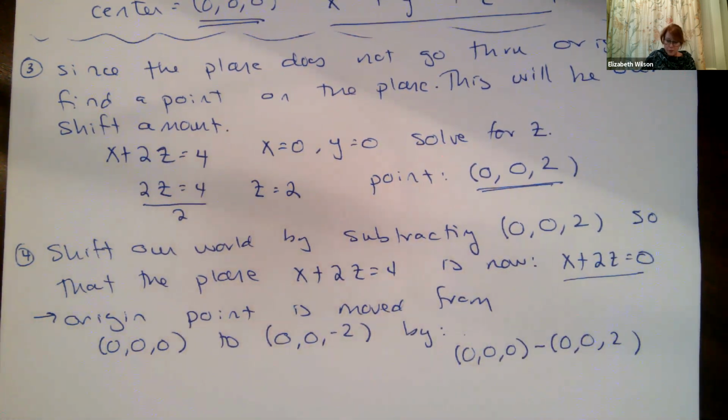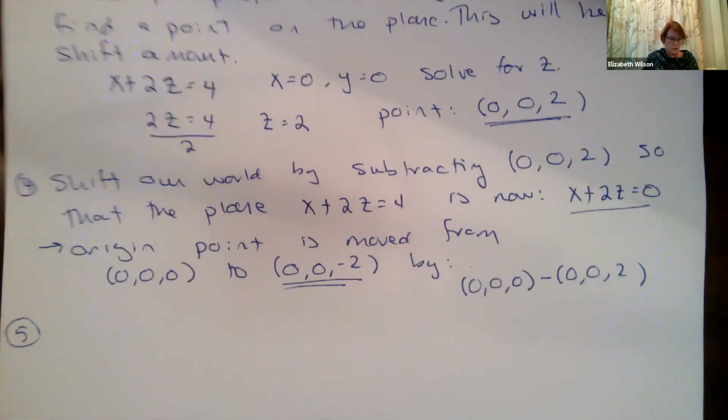Okay. 0 minus 0, 0 minus 0, 0 minus 2. That's where I got this from. So this is my new origin point. Okay. So I've got this plane equation. I've got my sphere. I've shifted everything so that my origin point is down here. Okay. All right.